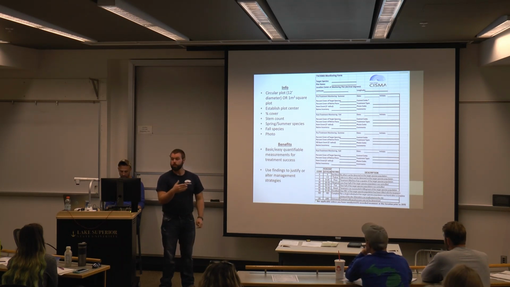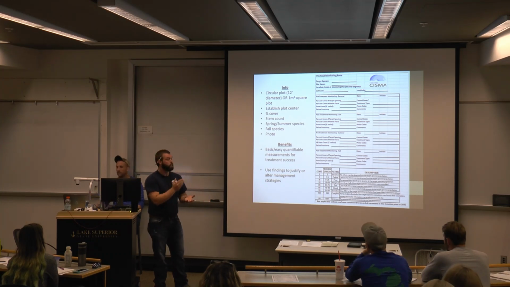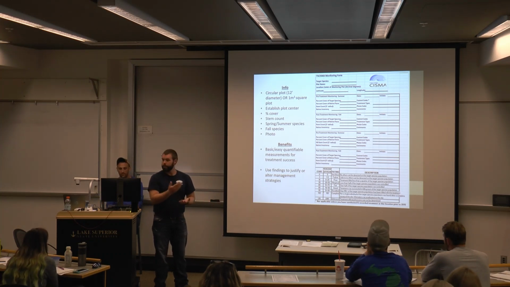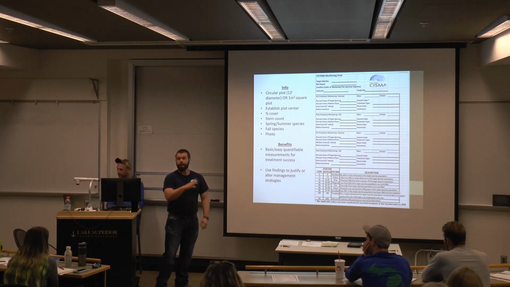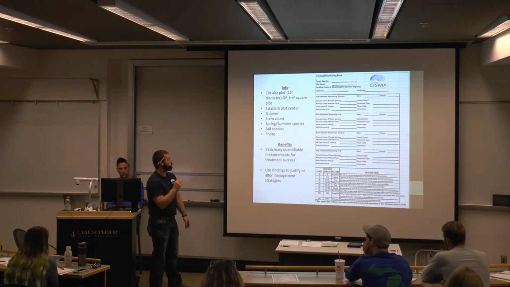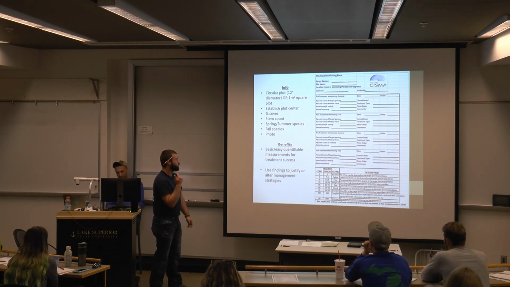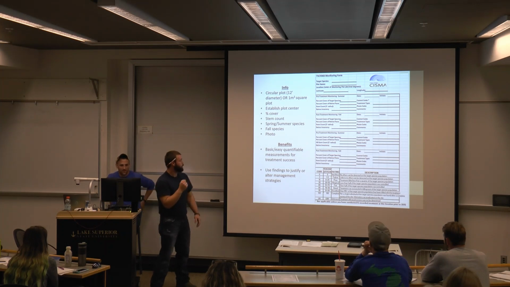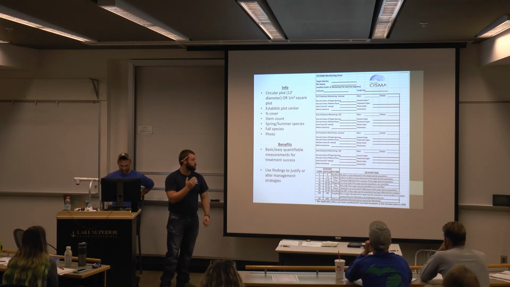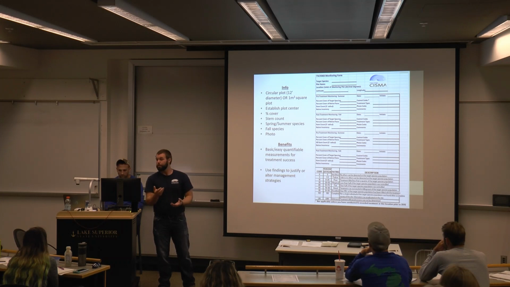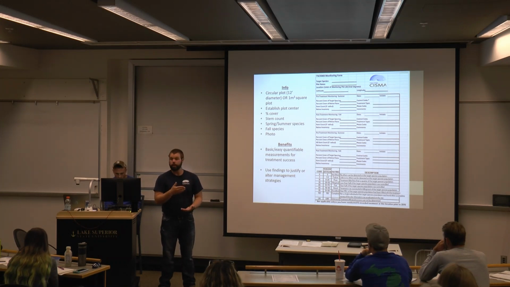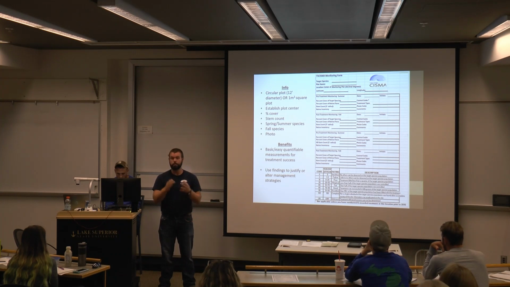At least that's some sort of tangible way to say our biomass has obviously decreased or increased within that plot center, beyond just a photo. So it's very basic, it's easy, but it's quantifiable for some of these treatment successes, and we can use these findings to justify or adjust our management strategies if something's not quite working, or if it's working well, we can expand that.